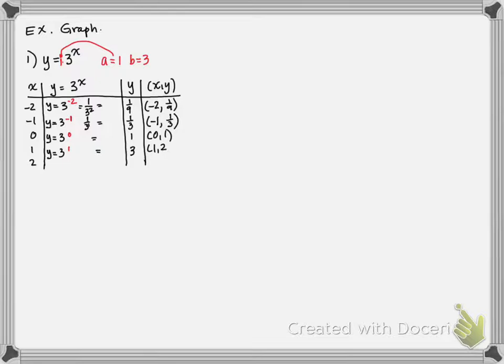So 1, 3. And then the last one, we've got y equals 3 squared, and that's going to equal 9. So we have 2, 9.